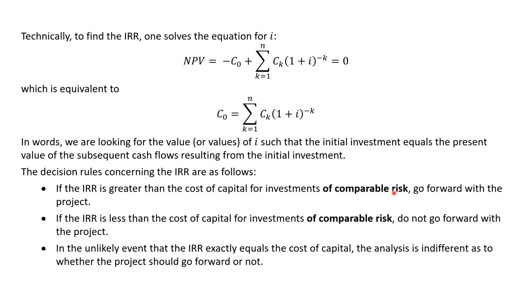You need to compare that to the alternative investments, and then look at your IRR. If the IRR is greater than that cost, then go ahead with the project. If the IRR is less than the cost of capital of investments of comparable risk, do not go forward with the project. In the unlikely event that the IRR is exactly equal to the cost of capital, then the analysis is indifferent. You can go either way.